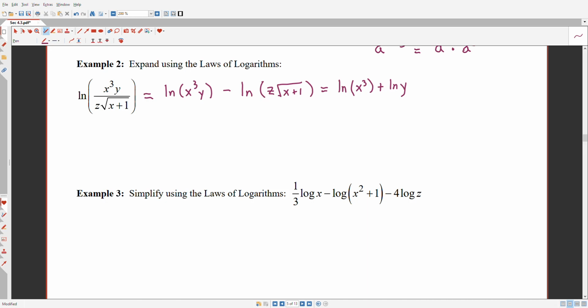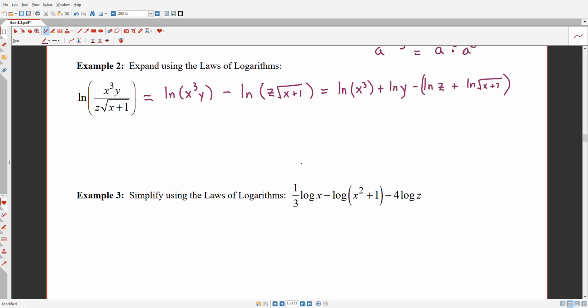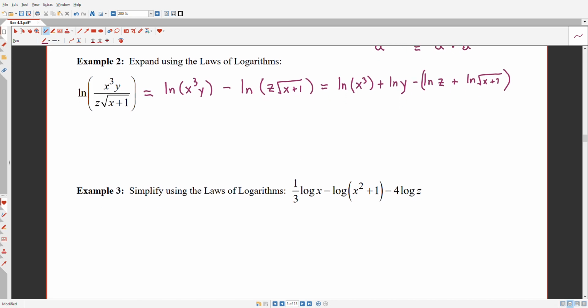Similarly, in that second term, I have another product. So that's the natural log of z, and then a plus the natural log of the square root of x plus 1. So we're making this expression longer. It takes more horizontal space to write, but the terms involved are looking a lot simpler.